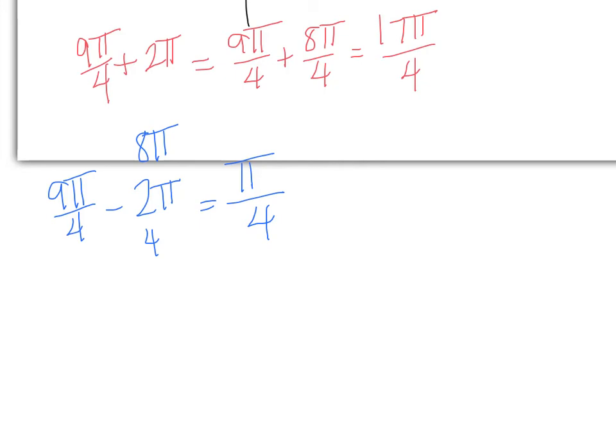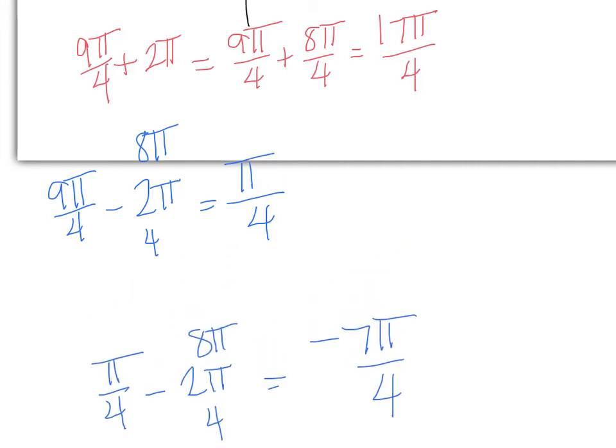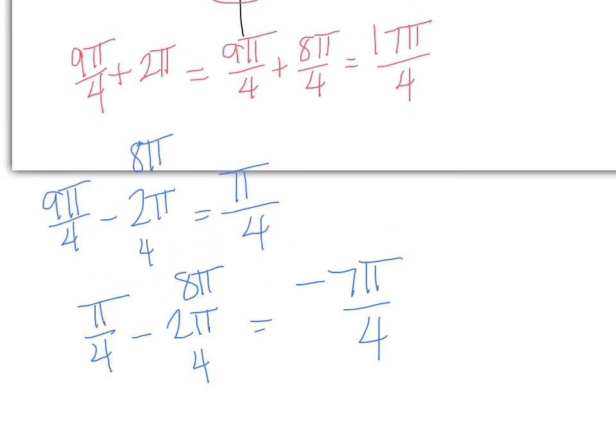Okay, so we're going to take our pi over 4, subtract 2 pi, which is 8 pi over 4. So now we're at negative 7 pi over 4. Okay, so now we know that negative 7 pi over 4, pi over 4, and 17 pi over 4 are all coterminal angles.